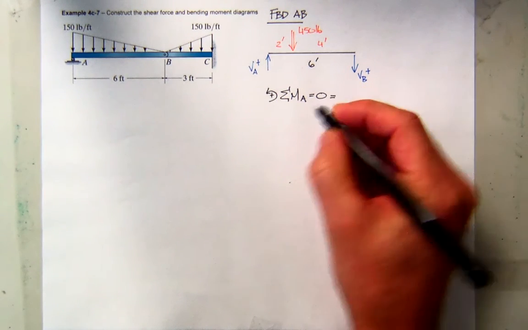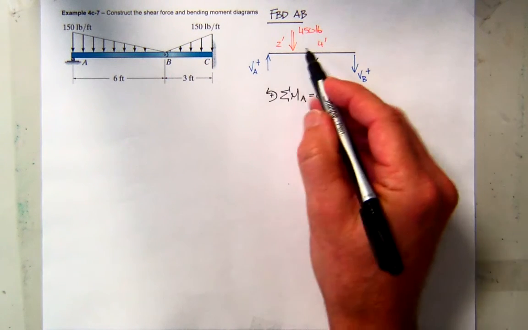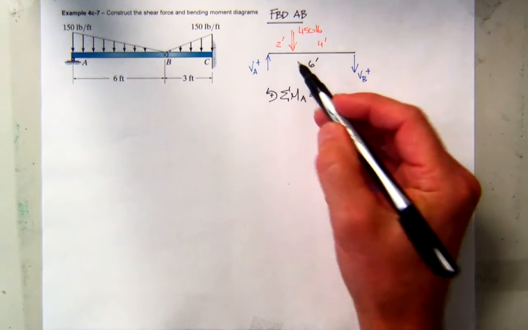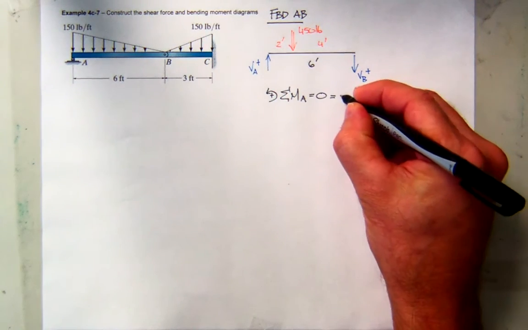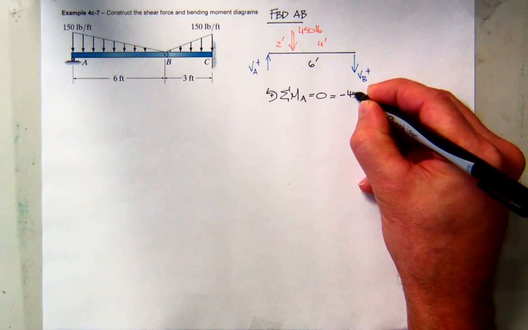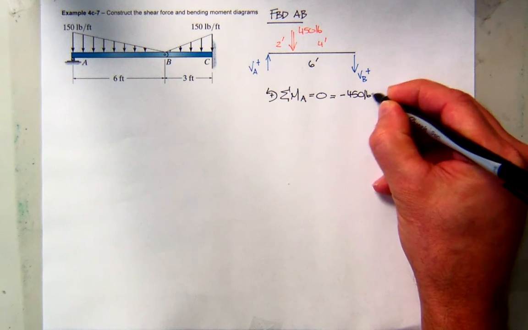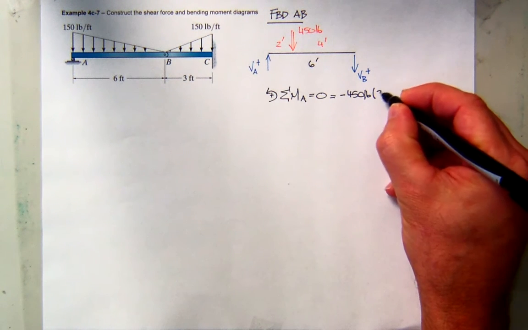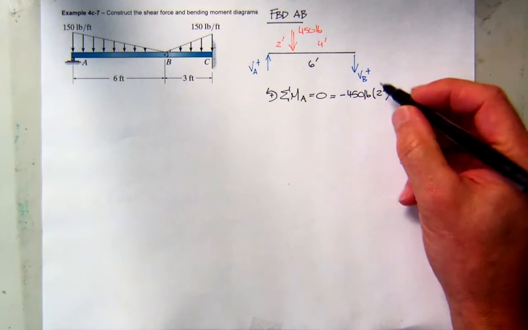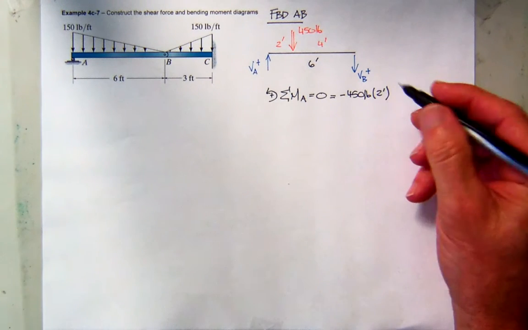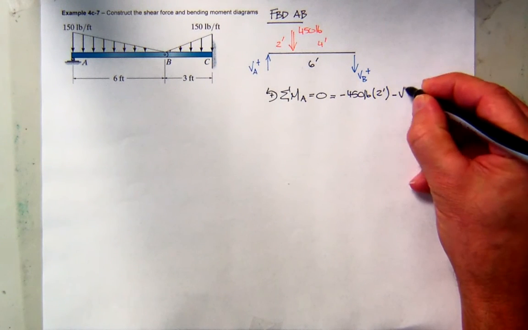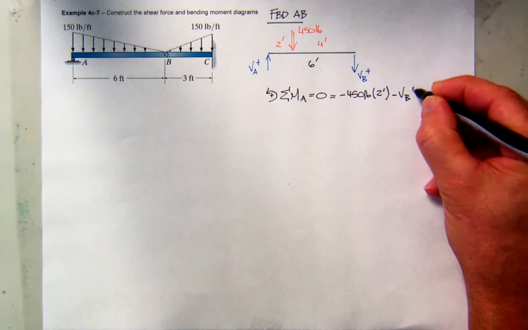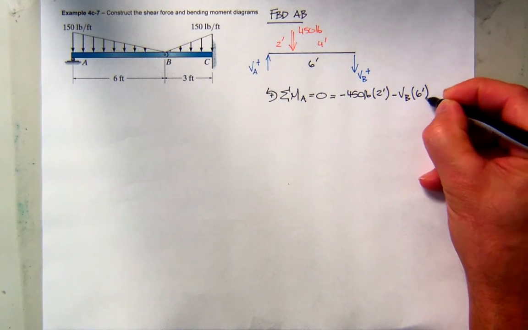And then summing the moments about A, my concentrated equivalent force creates what kind of moment? Negative. So it'll be the force, which is 450 pounds, and the moment arm is 2 feet. And then the shear at B also creates negative moment and has a moment arm of 6.